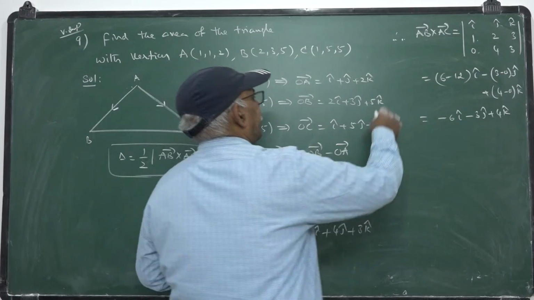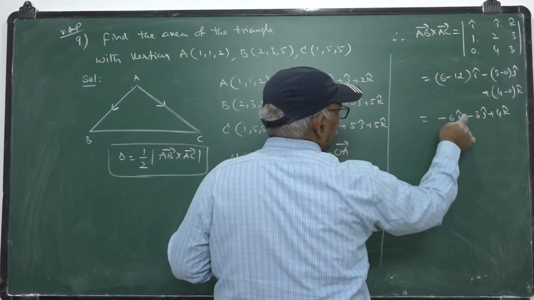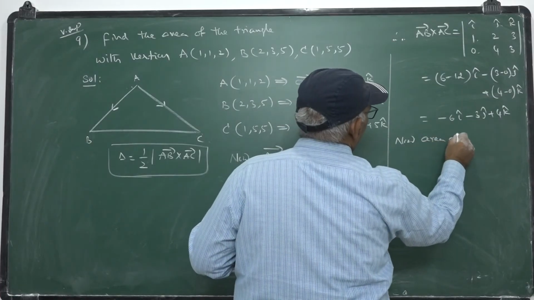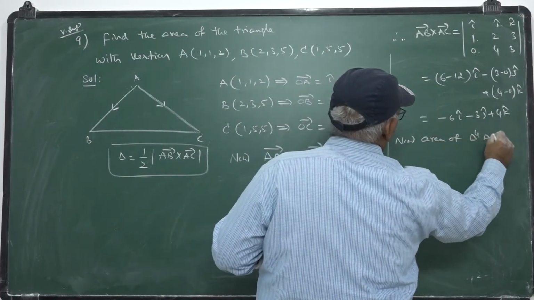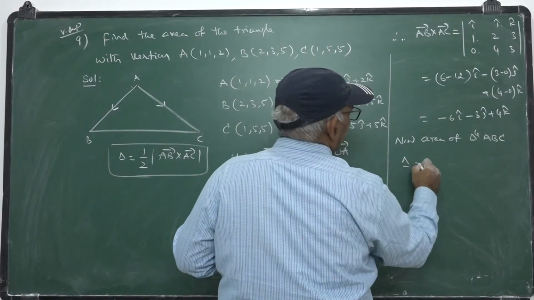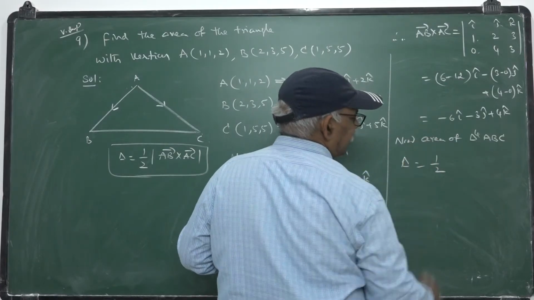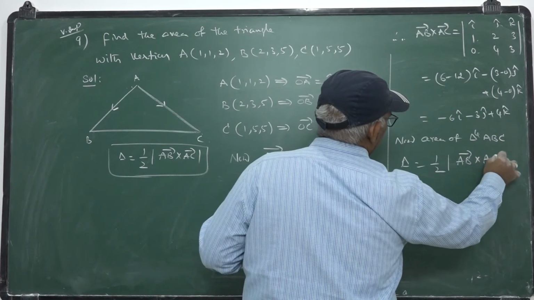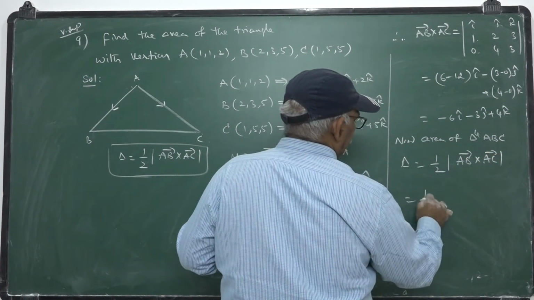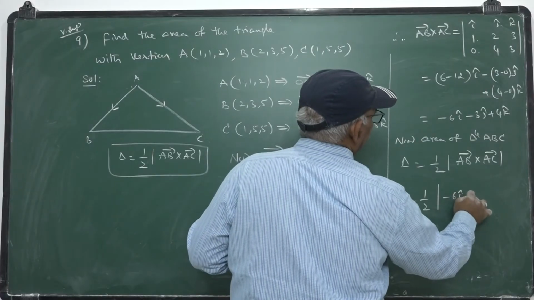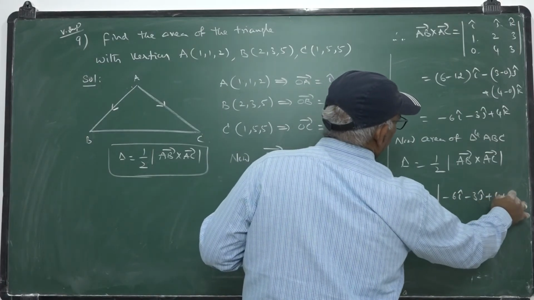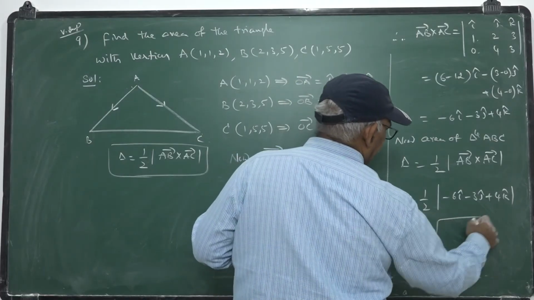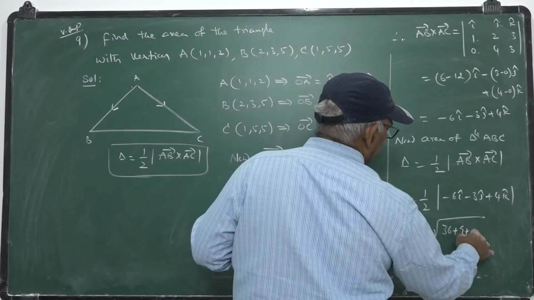Now, to get the area of triangle ABC, delta equals half modulus of AB bar cross AC bar, the modulus of that vector. That is 1 by 2 into square root of 36 plus 9 plus 16.